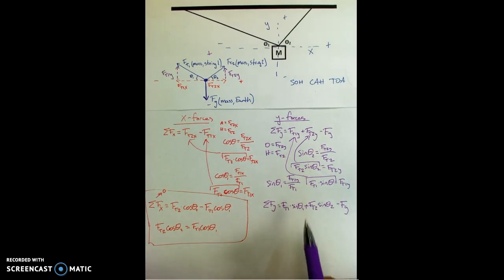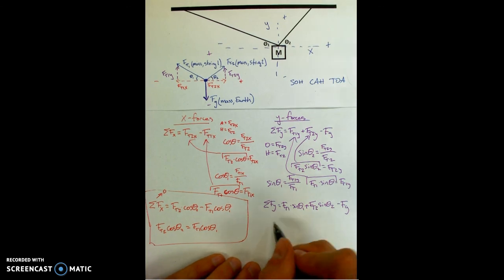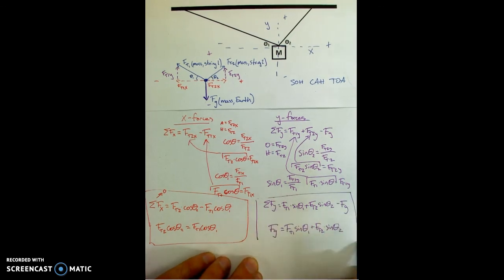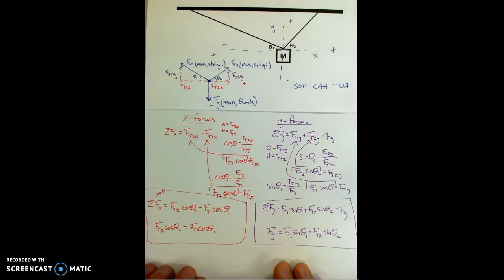So we know that all of the forces in the positive direction have to equal out those in the negative direction. So if we wanted to, we could also show that the force of gravity, the forces going down, is equal to Ft1 sine theta 1 plus Ft2 sine theta 2. And both of those would work out.